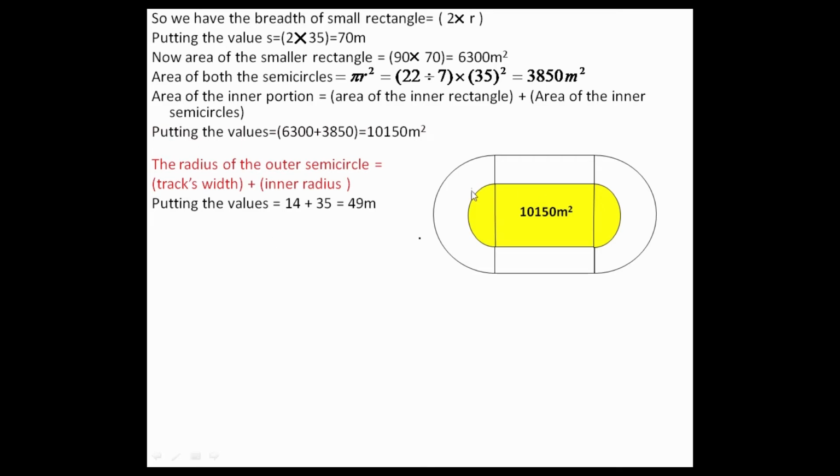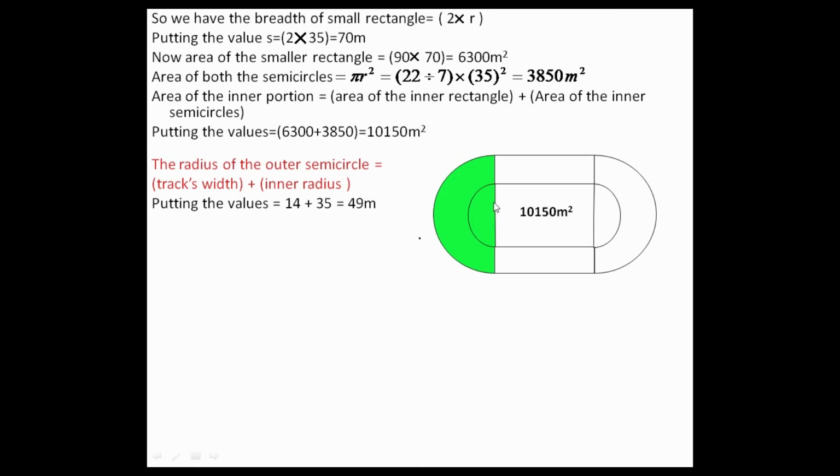Now you see, to find the area of this large semicircle, first I want to carry out the value of radius. How will I find the radius? This is the large semicircle I am talking about. This green portion you can see, this is the large semicircle.